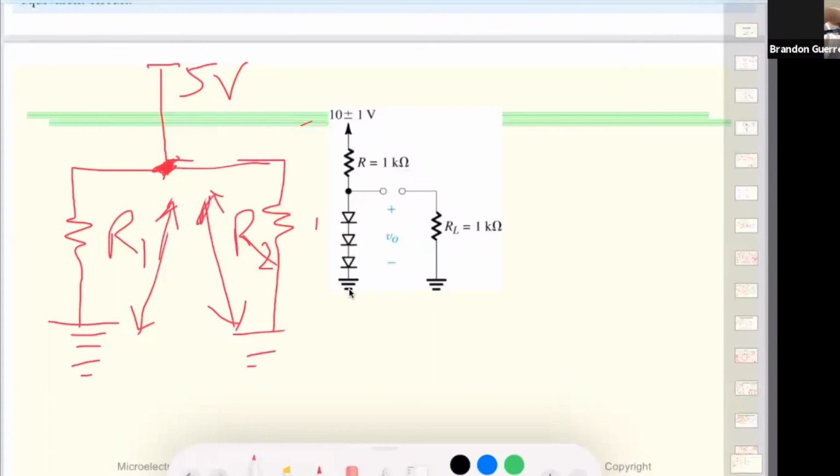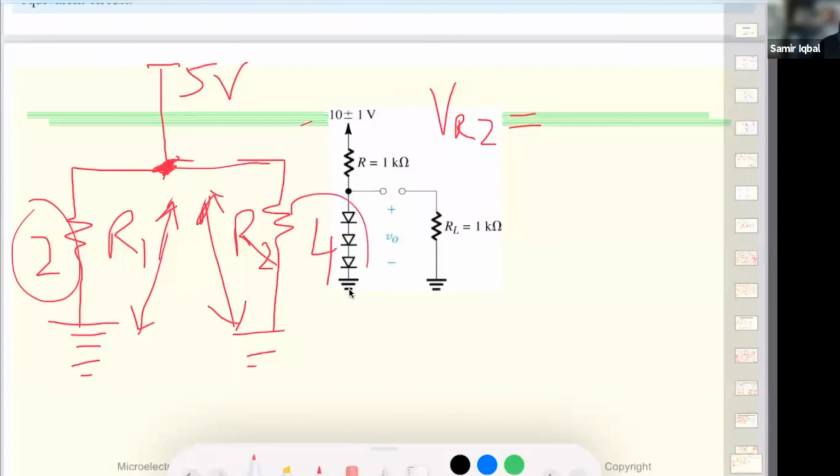So same way, if this was 4 and this was 2, and I want to find the voltage drop across R2, how much is that going to be? I say VR2. So I said this is 2 and this is 4 ohms, kilo ohms, whatever, mega ohms. What's the voltage drop across R2?